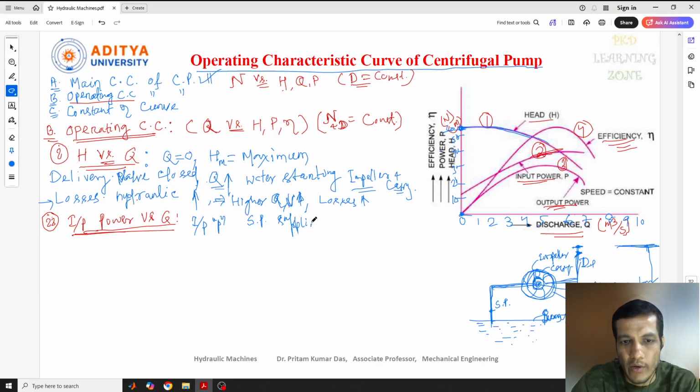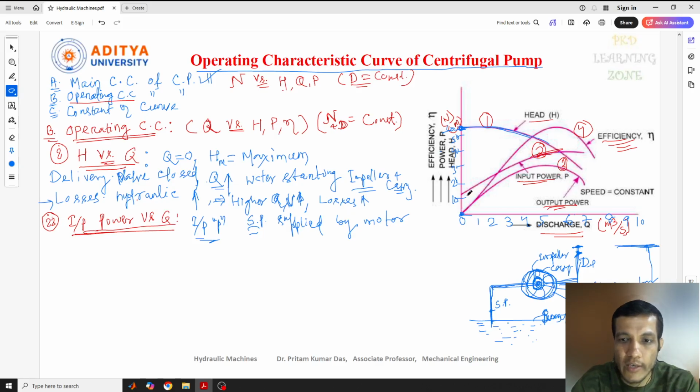Already I told you previously, the impeller is mounted on the shaft, and this shaft is connected to the motor, correct? So the power supplied by the motor to the shaft, which is transferred to the impeller, is nothing but shaft power, and that is our input power.